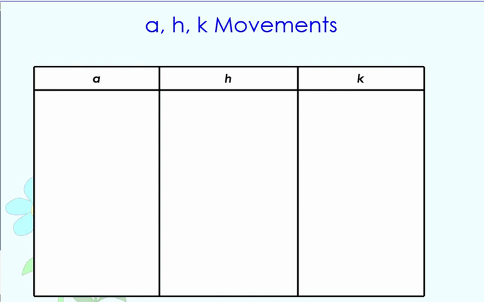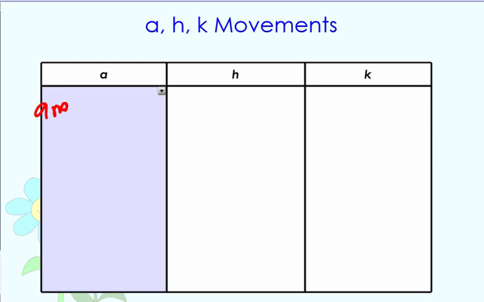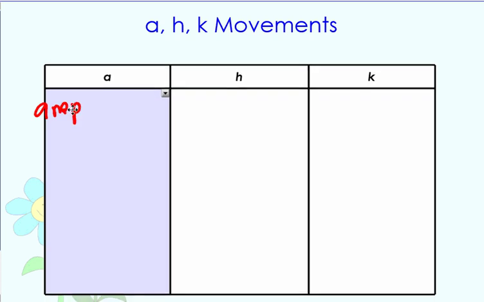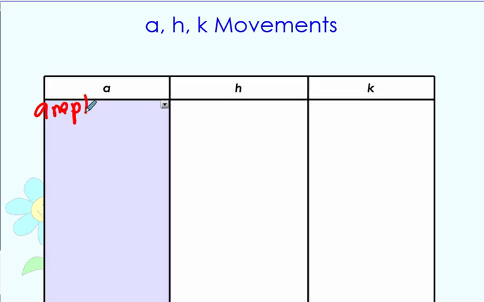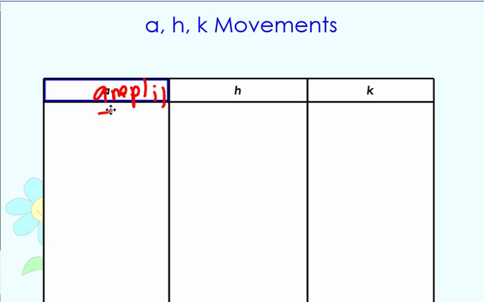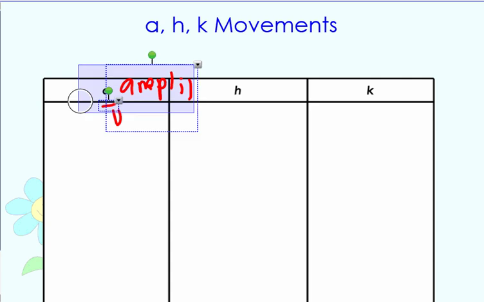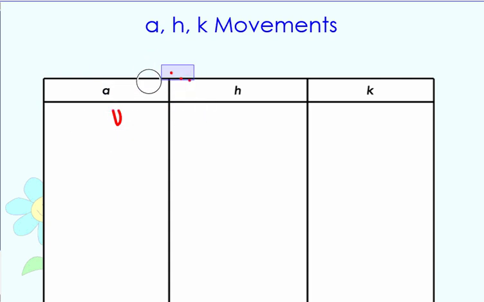So the A is going to stand for amplitude. Okay, it stands for amplitude. And then the H stands for horizontal movement.